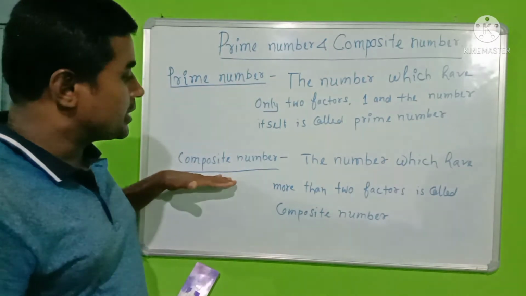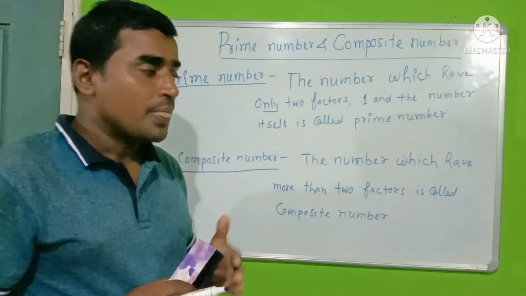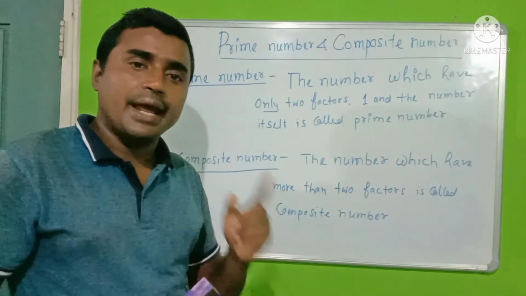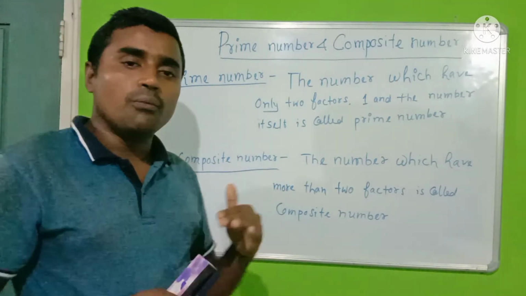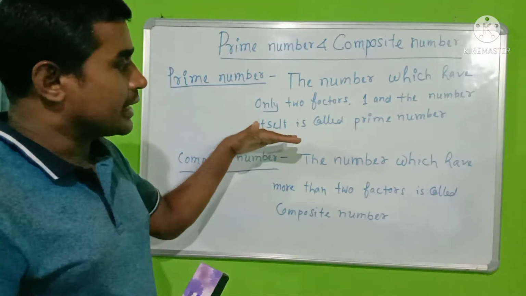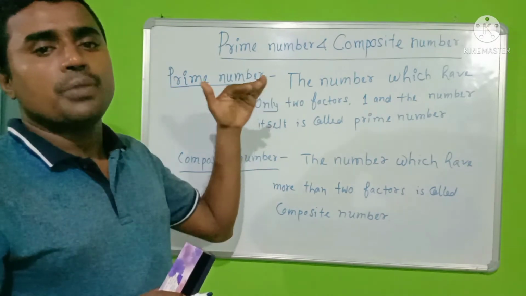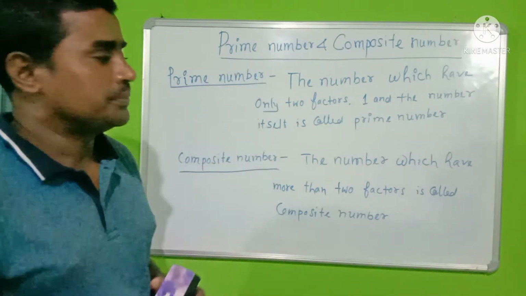But the composite number has more than two factors. So student, you got it. Now we check the natural numbers one by one, which are prime and which are composite.